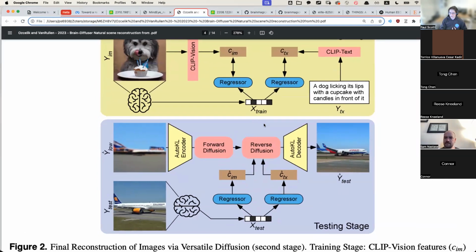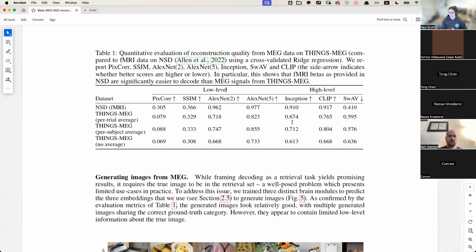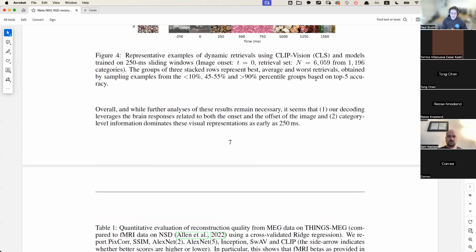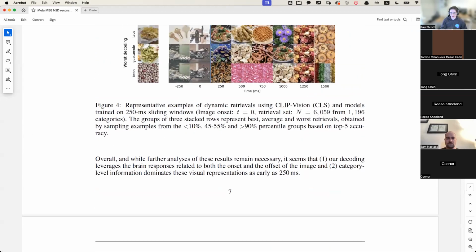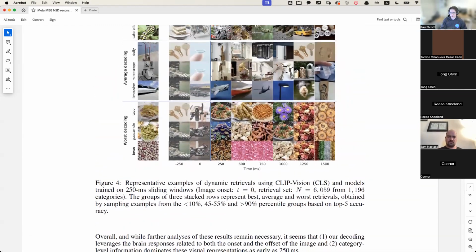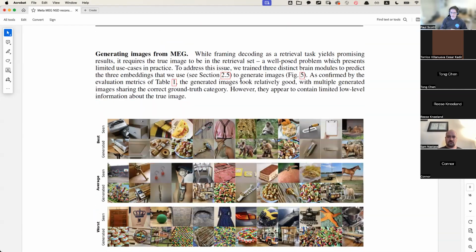So you're working with this kind of odd space. You're trying to decode specifically the low level information, but the autoencoder embeddings already have this kind of prior for high level category information. So I'm not sure exactly how much interpretation to put into the complete lack of low level signal in the MEG.